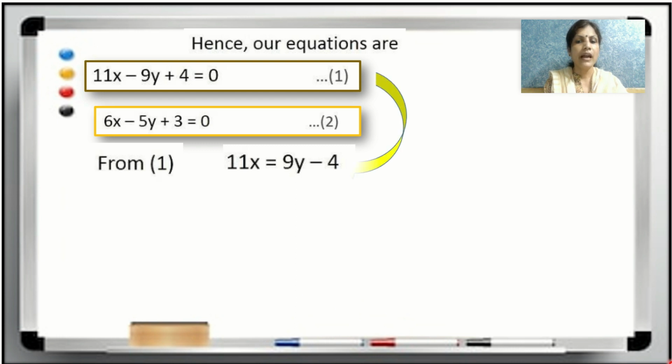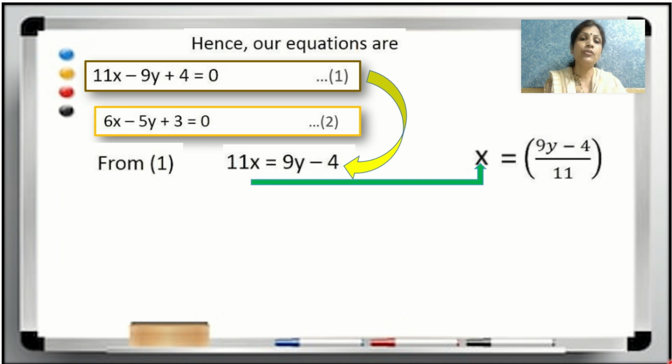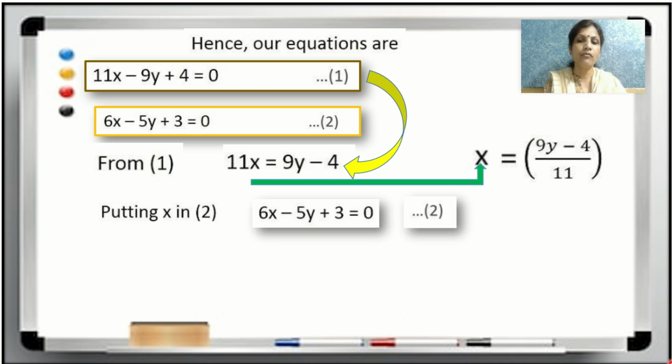And so we will get the value of x as (9y - 4)/11. Let's substitute this in equation 2. So we get 6(9y - 4)/11 - 5y + 3 = 0.